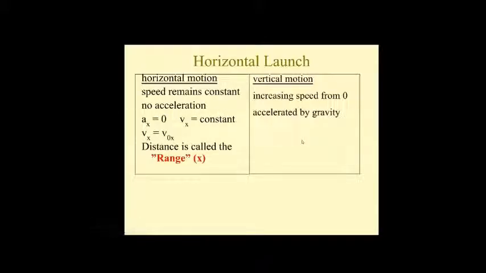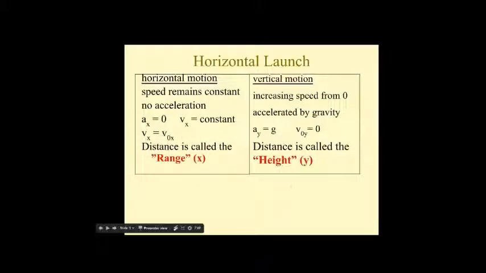It's accelerated by gravity, so it increases its speed downward. So we say the acceleration in the y direction equals g, and the initial y velocity equals 0. The distance that it travels is called the height, and we generally use a y for that, as with the x on the range. Interesting, the time is the same for both motions, obviously.